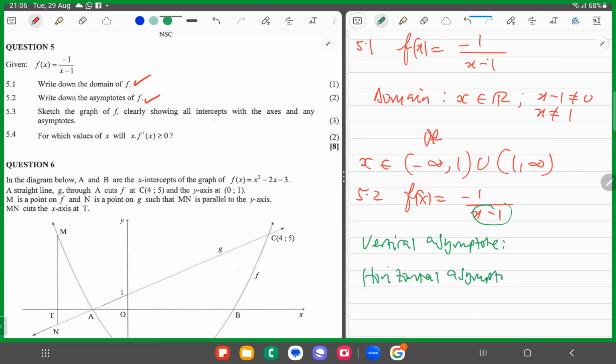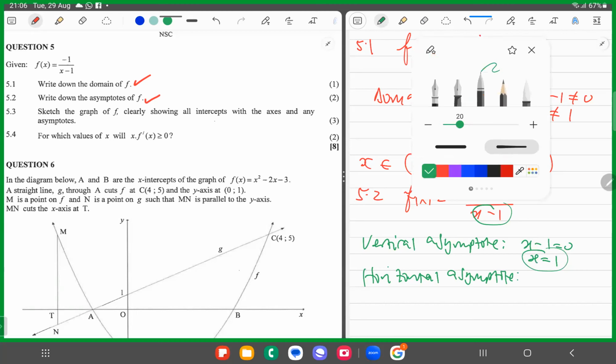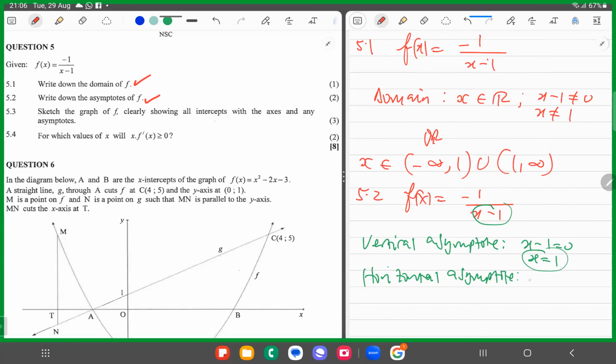The vertical asymptote will be, you take the denominator and say x minus 1 equals 0, which means x is 1. For the horizontal asymptote, you take y equals 0.